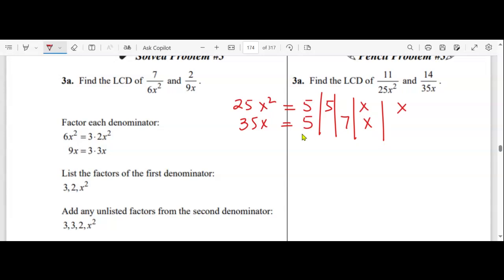Now we take the common and the non-common. This is common, not common, not common, common, common.